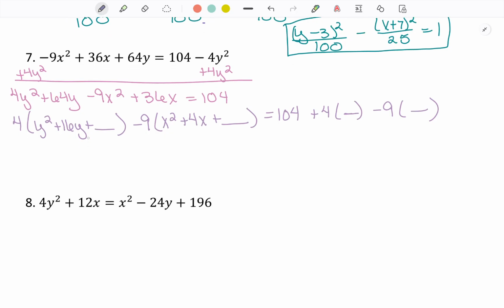So we have half of 16 is 8, and then 8 squared is 64. And then half of 4 is 2, and 2 squared is 4.